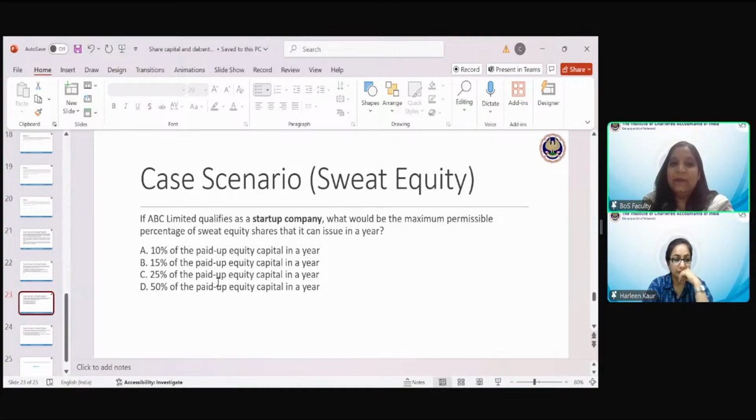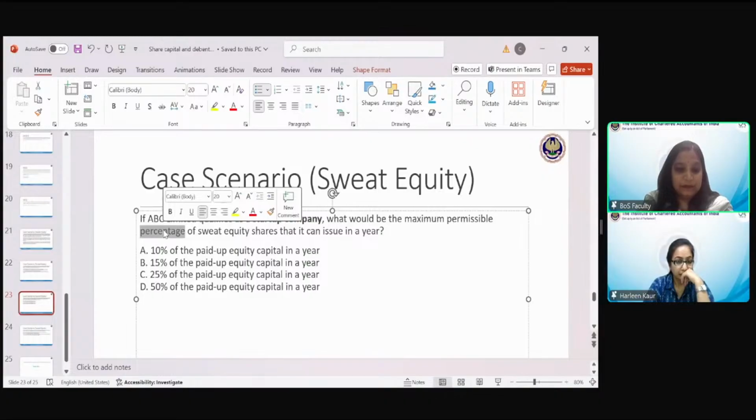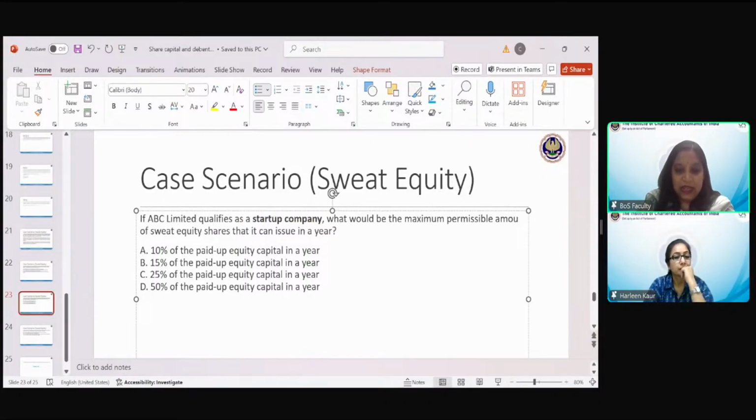If ABC Limited qualifies as a startup company, what would be the maximum permissible amount, not percentage, of sweat equity that it can issue in a year? Please frame it. I want the options.